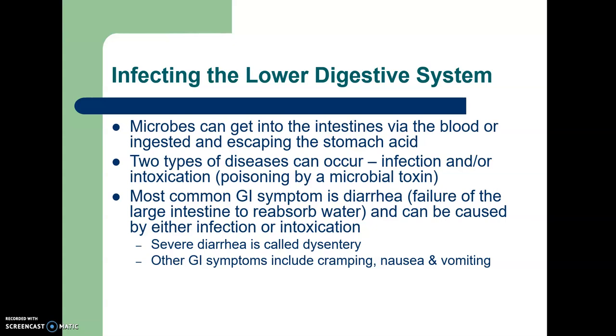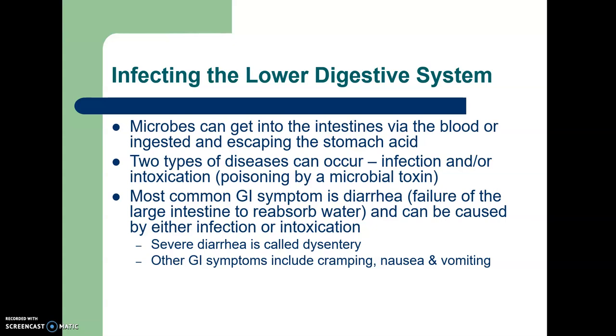So when it all gets to your large intestine, it's supposed to reabsorb most of that water so that when your feces come out, they're mostly solid. So the only thing that should be in your feces is going to be bacteria and waste materials, and really that's it. So diarrhea can be caused by an infection or an intoxication, okay?